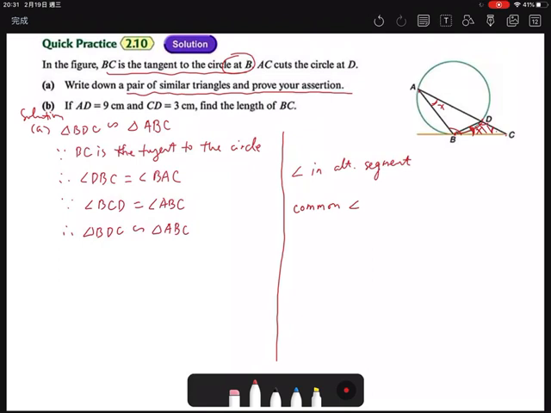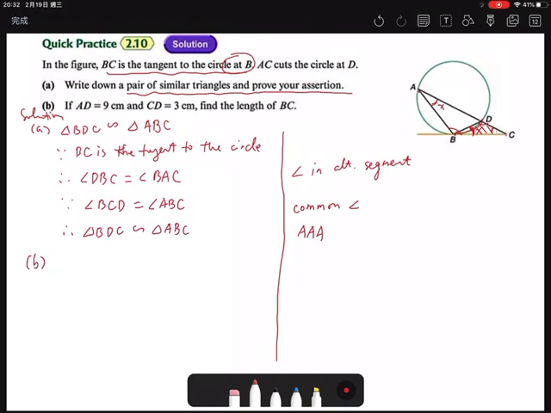The reason is AAA. So we prove the similar triangles, so our assertion is correct.